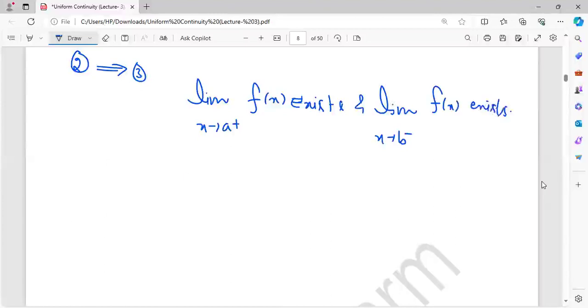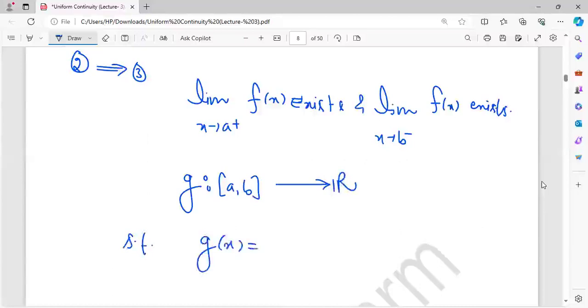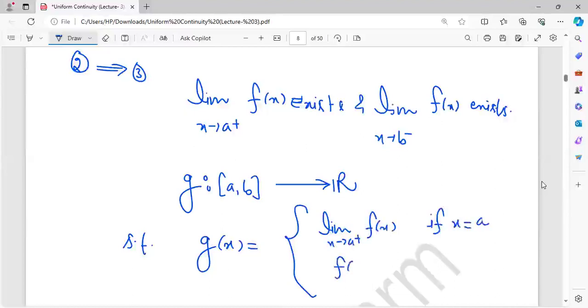Now I am going to define a function from the closed interval [a, b] to R such that g(x) is equal to the limit as x tends to a plus of f(x) if x is a, and it is f(x) if x comes from the open interval (a, b).